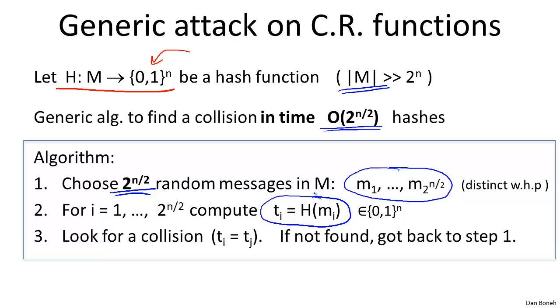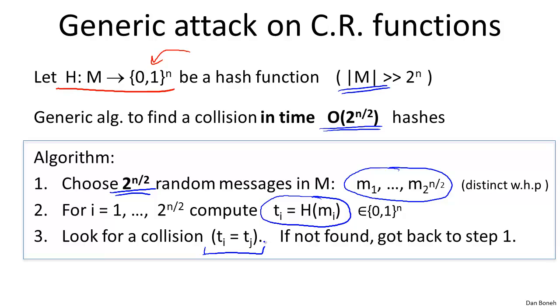The t sub i's are n-bit long strings. And now we're going to look for a collision among the t sub i's. In other words, we're going to find an i and a j such that t sub i equals t sub j. Once we've done that, we've basically found a collision because, with very high probability, mi is not equal to mj, but the hash of mi is equal to the hash of mj, and therefore we found a collision on the function h.